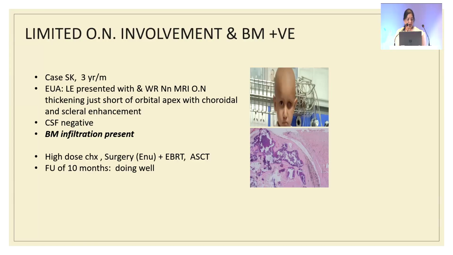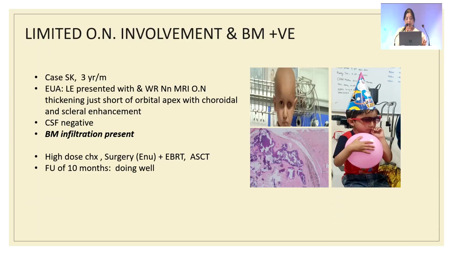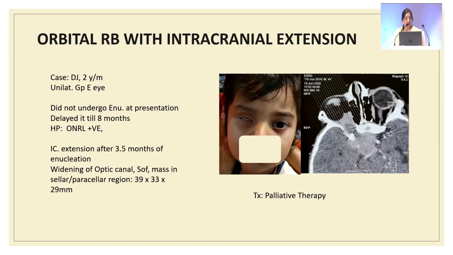So here is a patient with bone marrow involvement. The rest were negative. So this patient received radiation to the entire orbit, and since the bone marrow was positive, he underwent autologous stem cell transplant. He had a very stormy course and was admitted in the hospital for 2 months, but he has recovered from it and is doing well. With intracranial extension, we are currently giving only palliative therapy.